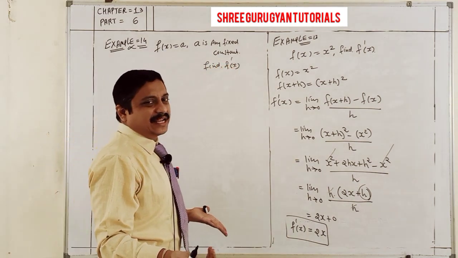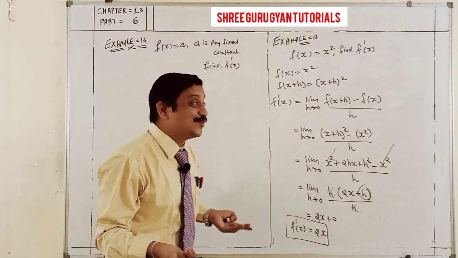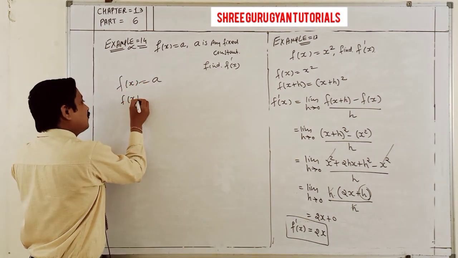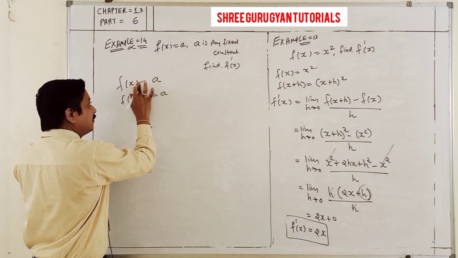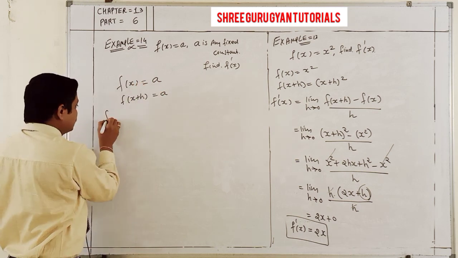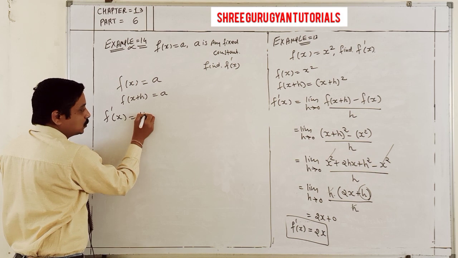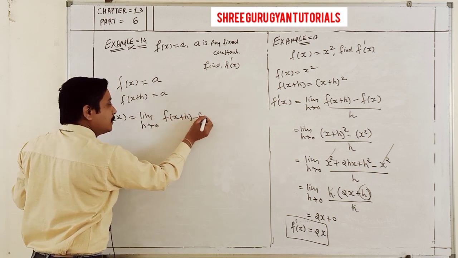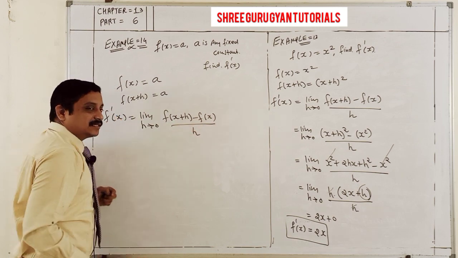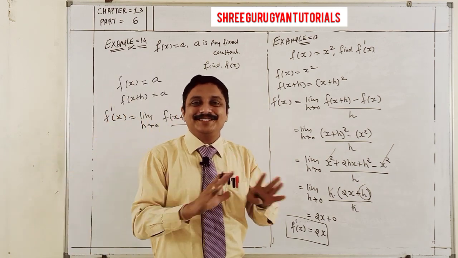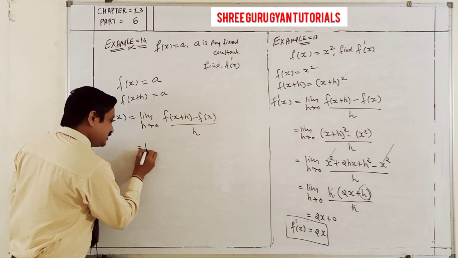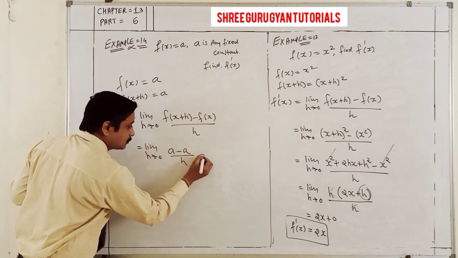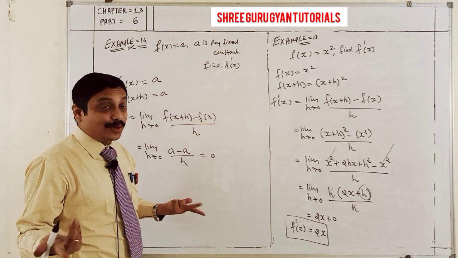So the derivative of a constant is 0. I will just show the definition. f of x plus h is also a, and my definition is f dash x is equal to the limit as h tends to 0 of f of x plus h minus f(x) by h. Simply apply the definition of our first principle, limit h tends to 0, a minus a, that becomes only and only 0.